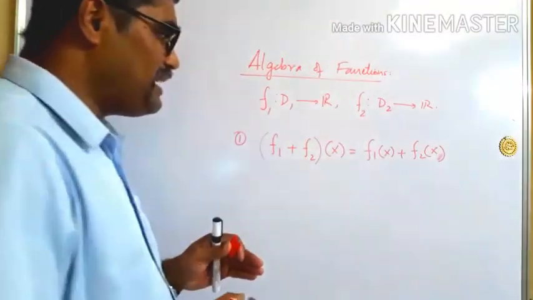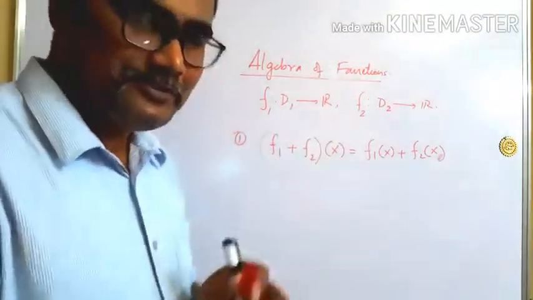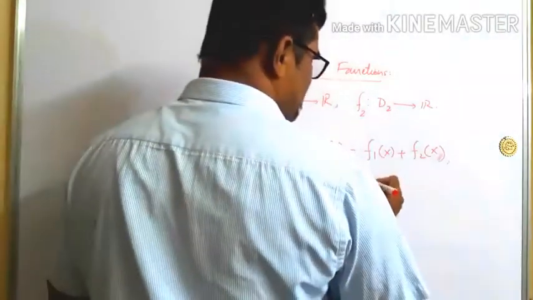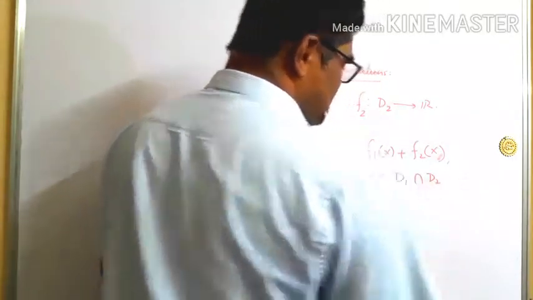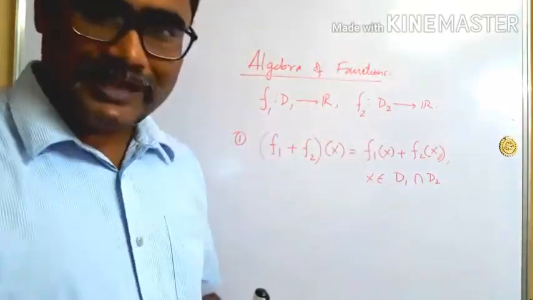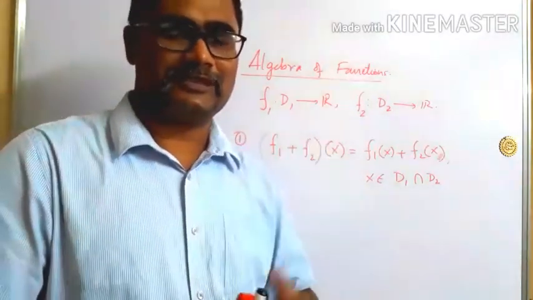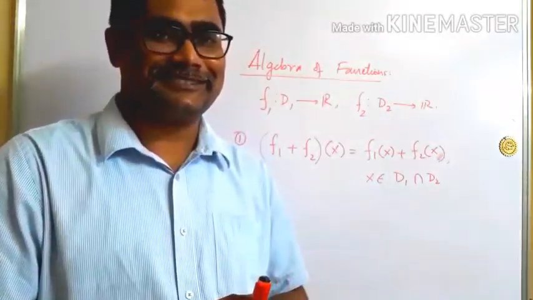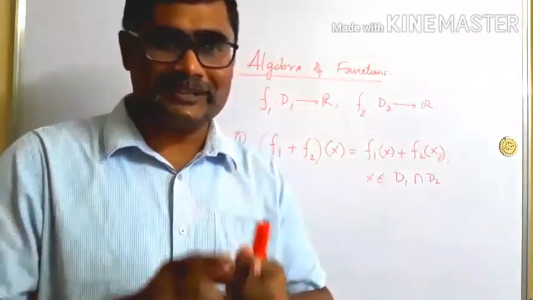As both should be valid, we have to pick x from D1 intersection D2. That means only those x where both the functions are defined will be considered as the domain of F1 plus F2.